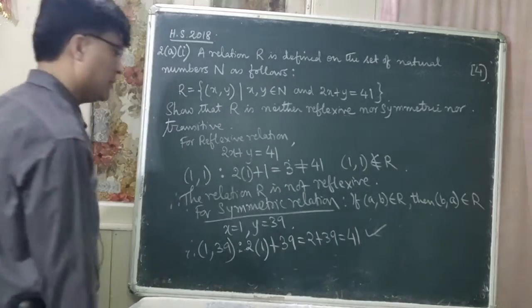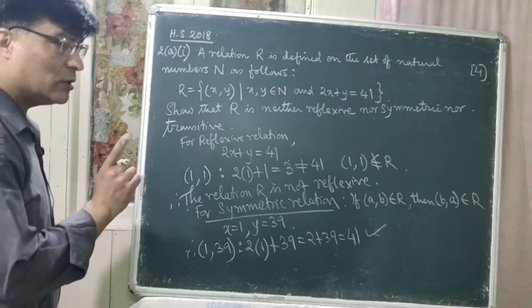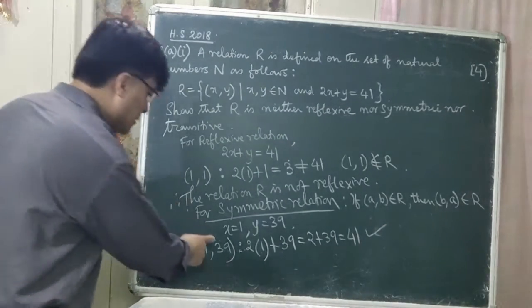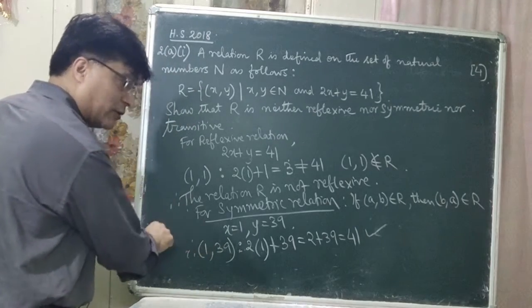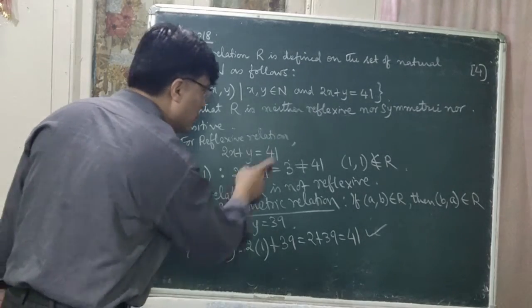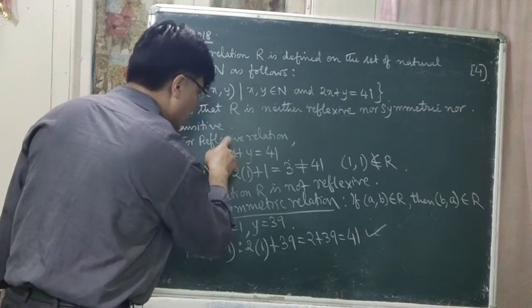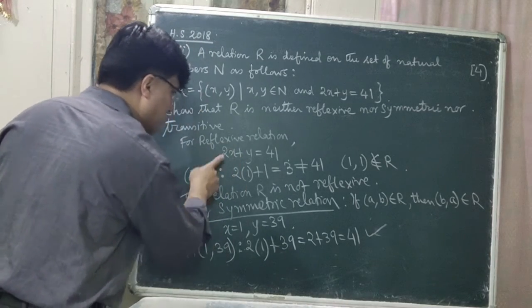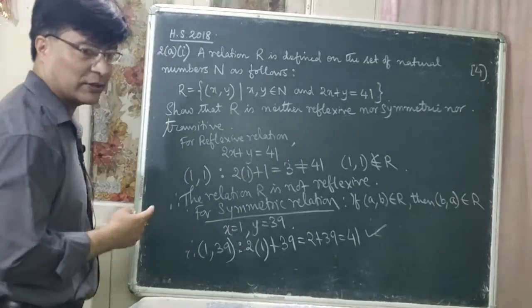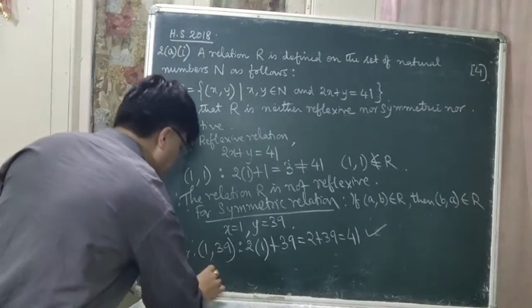Which is correct. So you have to prove that 39 comma 1 should belong to this relation R. If 39 comma 1 satisfies this relation, then it is symmetric. Let us check it.